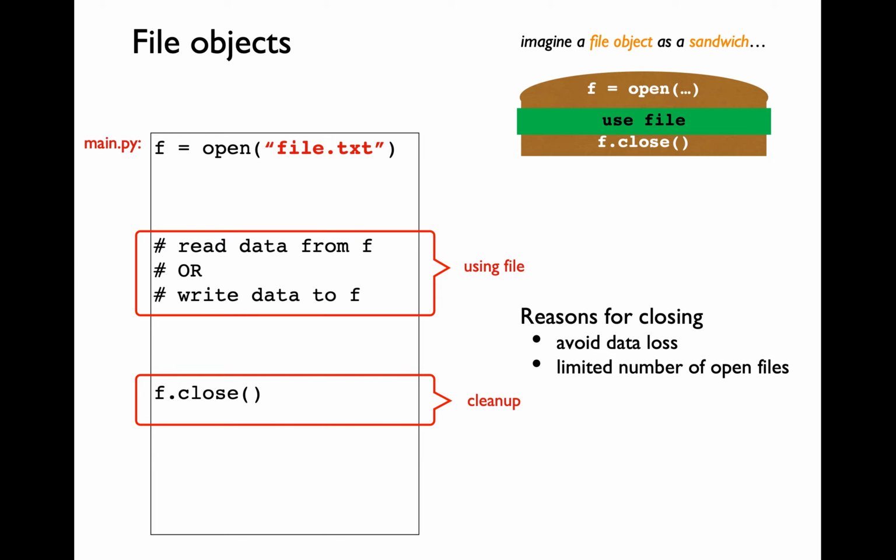It's sort of like a sandwich where your upper bread is the open function call, the inner lettuce or meat, whatever the stuffing inside your sandwich is, is the part where you're actually using the file, and the lower bread is the close function call.